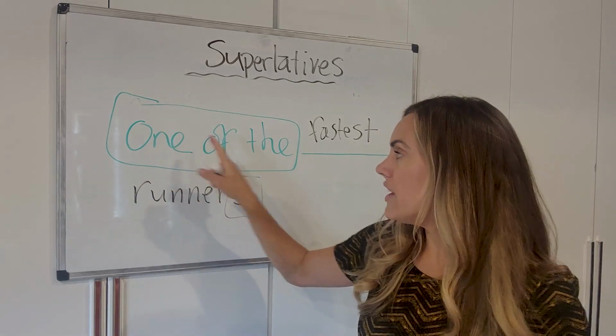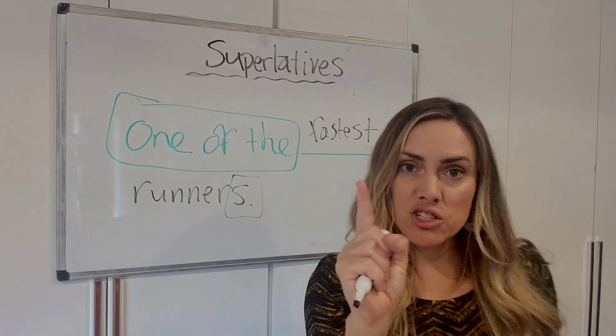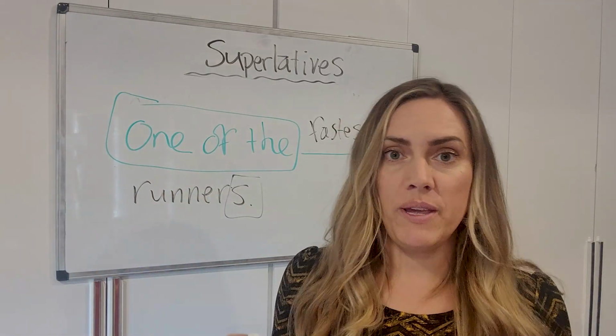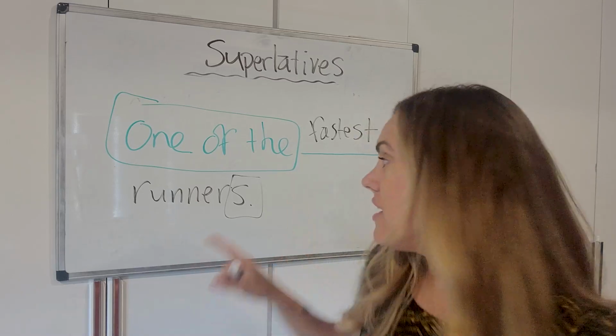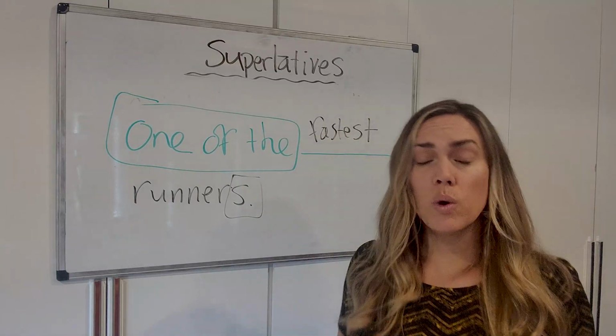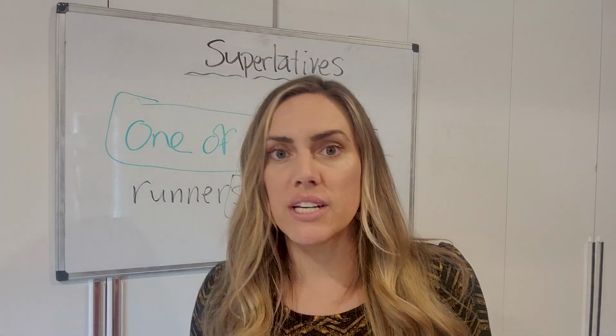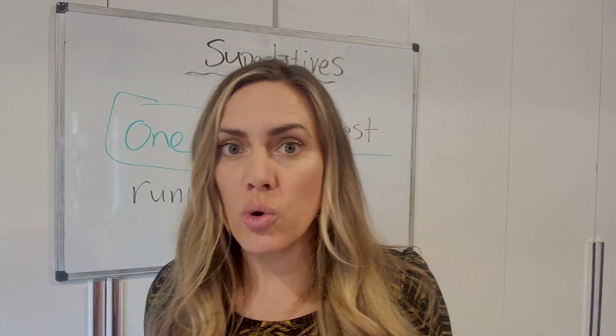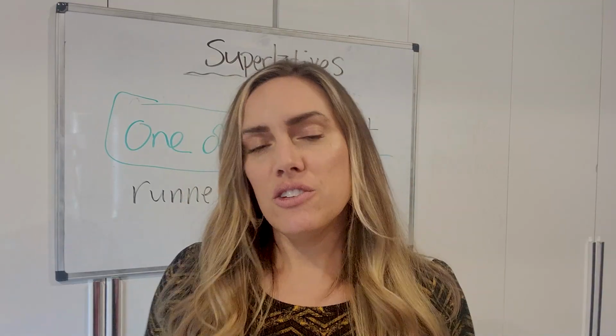Because one of the means just one from a big group of people. Okay, so one of this group, okay? One of the fastest, one of the most expensive books, one of the most creatively written stories, okay? So just be careful with that.